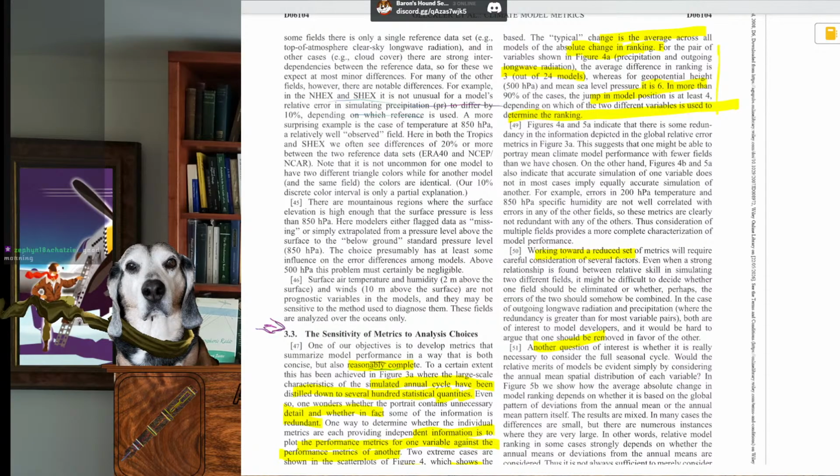I'm trying to send the notations to people on Discord as well.